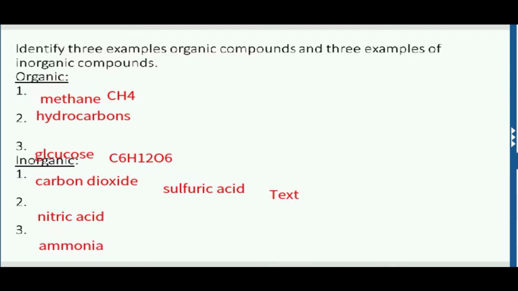I know sulfuric acid is H2SO4. Nitric acid is like HNOx, I don't remember exactly what the number is. And then ammonia is NH3 or 4, I don't remember which one. One is ammonia and one is ammonium.